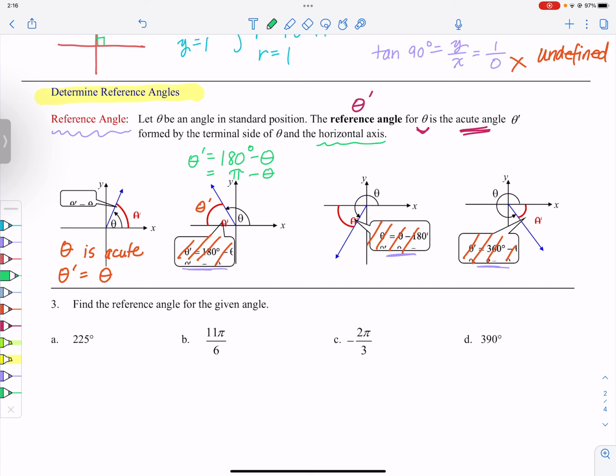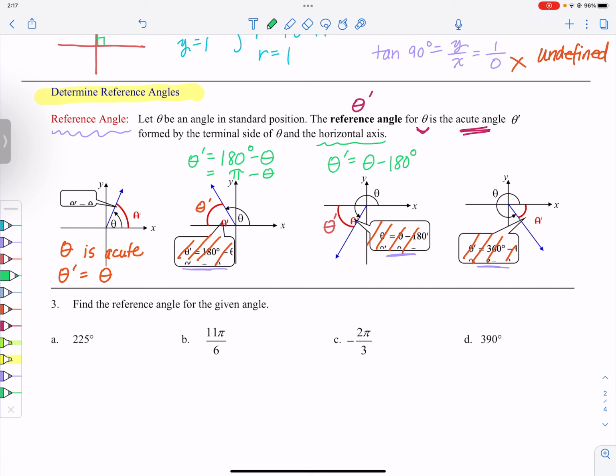Look at theta, definitely not acute. So how would we get this reference angle, theta prime here? How would we find theta prime? Well, we could take all of theta and we could subtract 180 degrees in order to find theta prime.